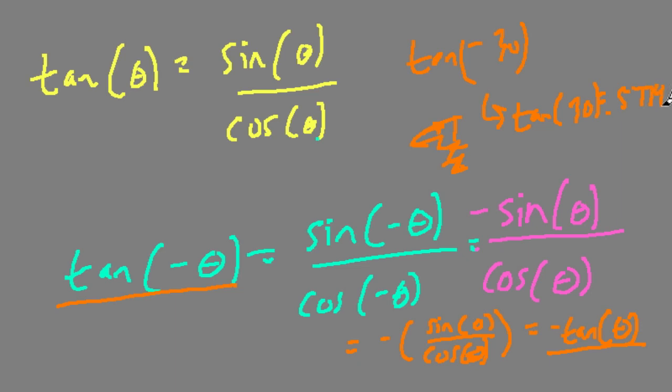Let's round to 0.5774. So if I want to know the tangent of negative 30, I would just take the negative of that value, so it would be negative 0.5774. And those are some pretty basic trig identities for negative angle values.